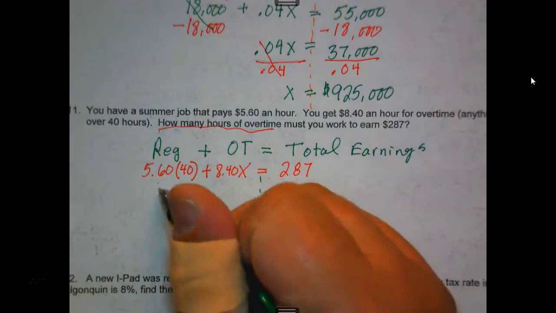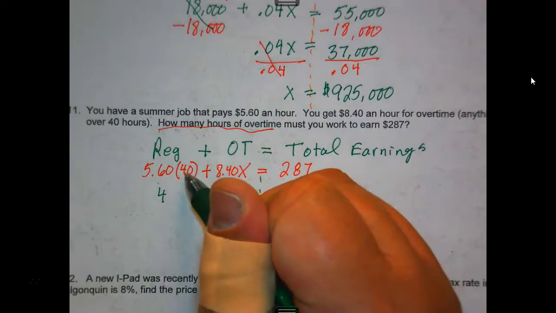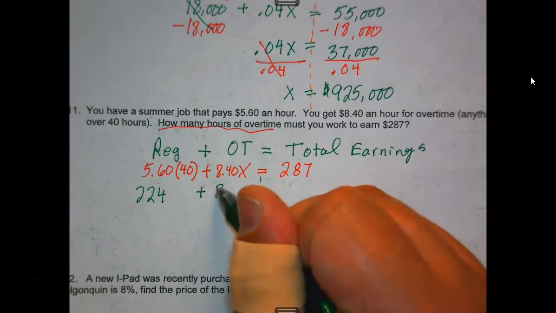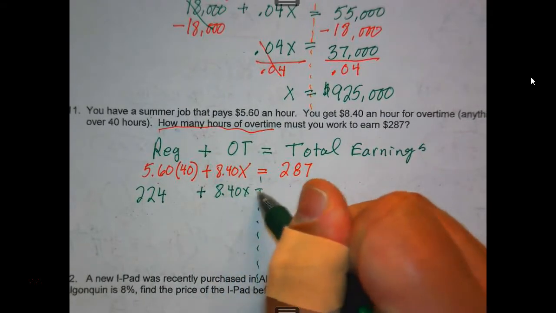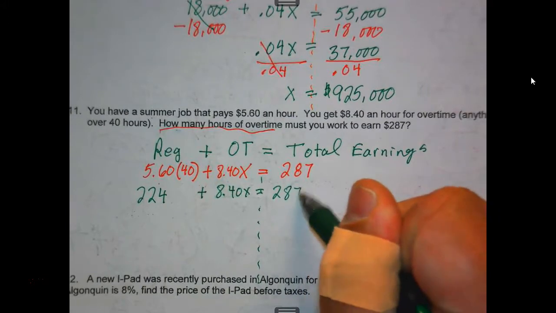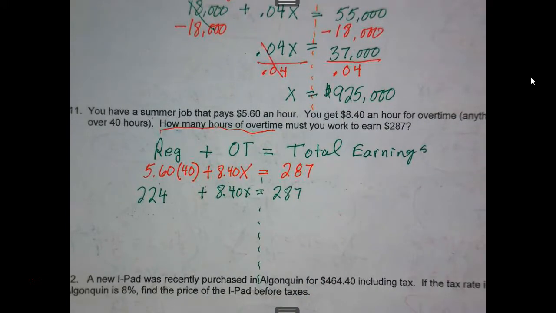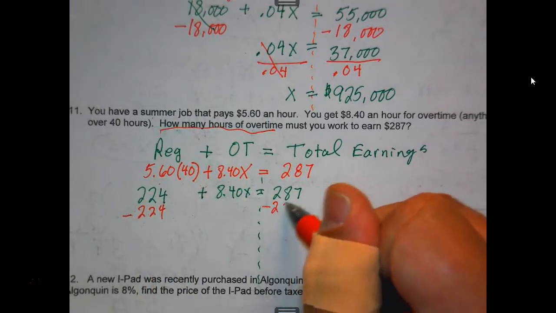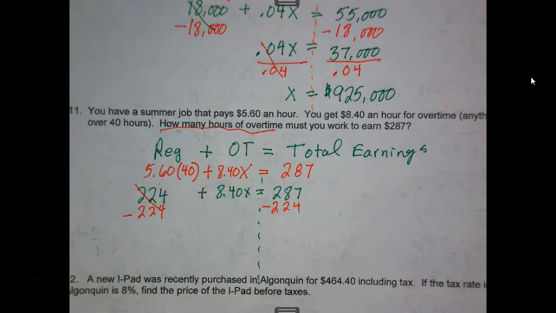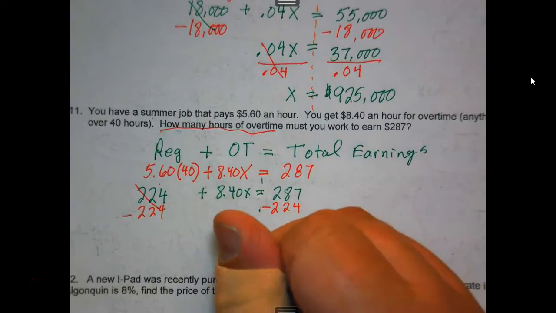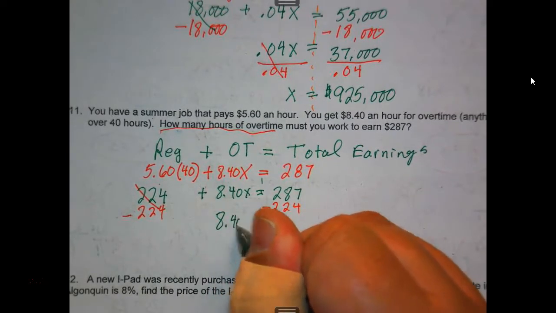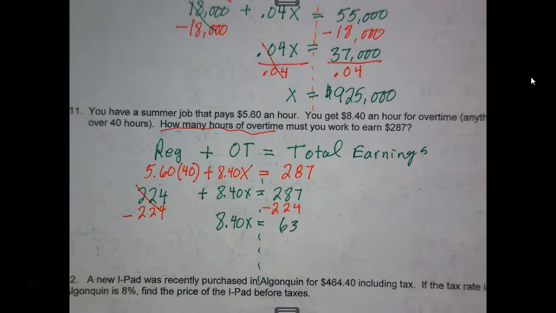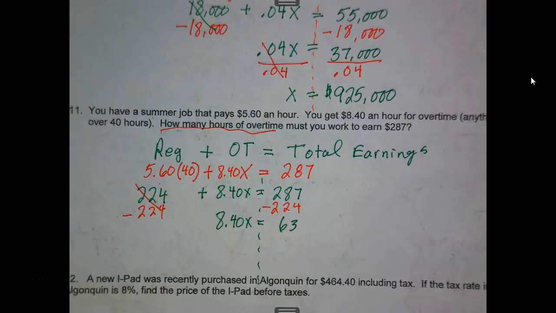Let's see, 4, carry the 2, 4 times, that was 224. Subtract 224. I get 8.40x equals 63. I'm not doing that one.